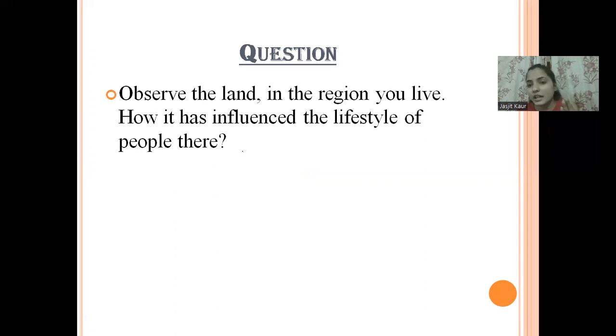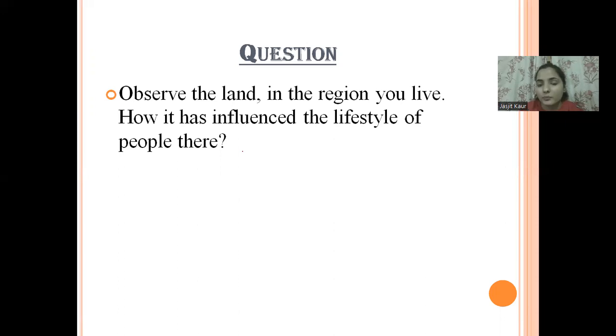So for industries, for agriculture, and for transportation and other services, people are using this land for different purposes in my region. Like this, you have to tell what kind of land there is in your region, and how it has influenced the lifestyle of the people living there.